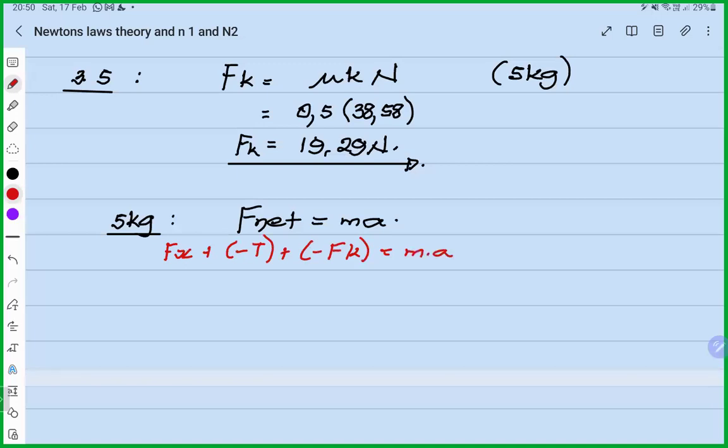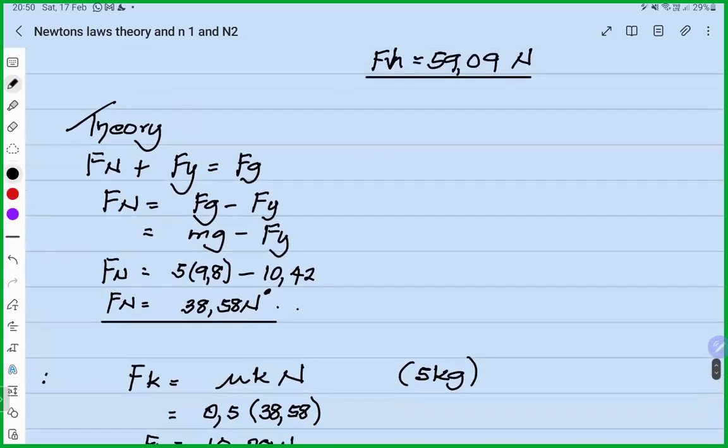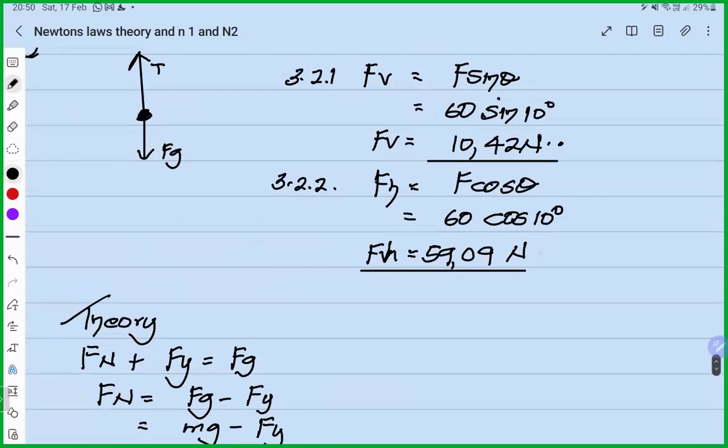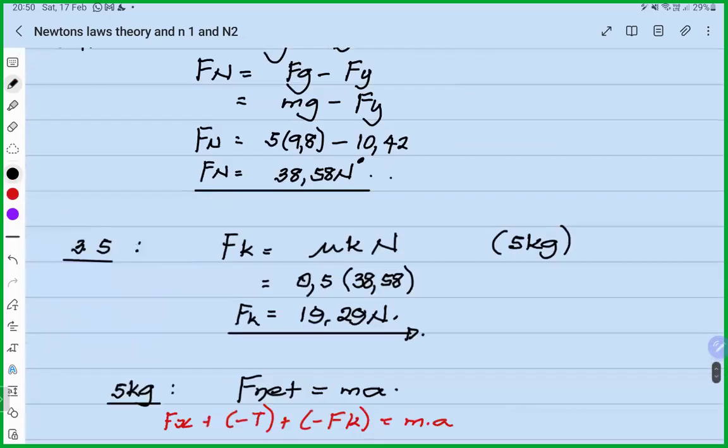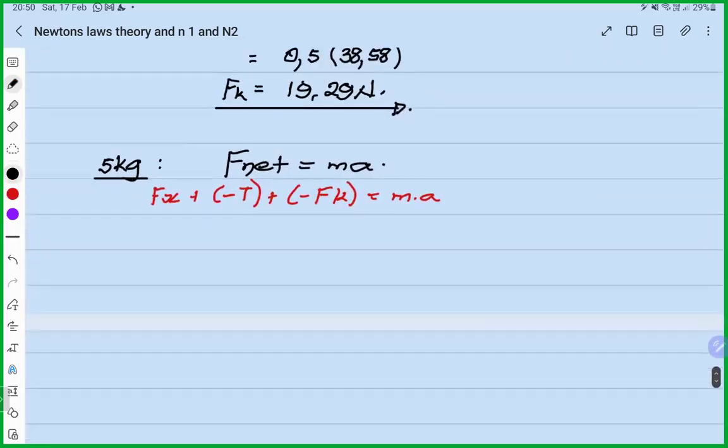After that, it's just maths, because you're going to substitute into this equation. Your Fx, you're going to take from the top because you are asked to work it out. 59.09. We want to find the tension. We got the kinetic friction.